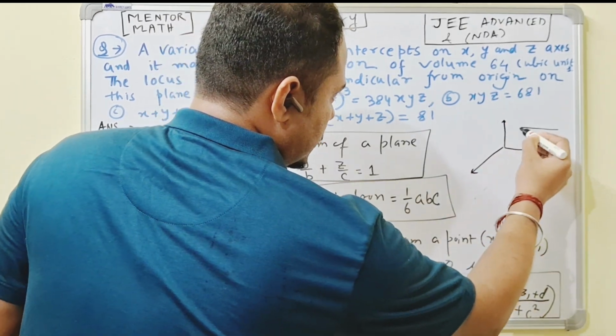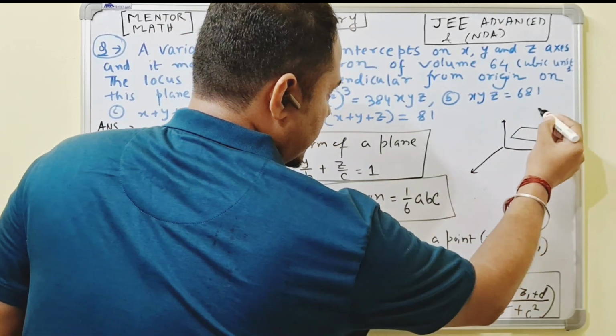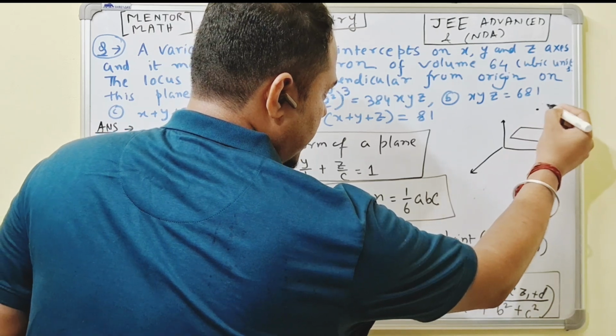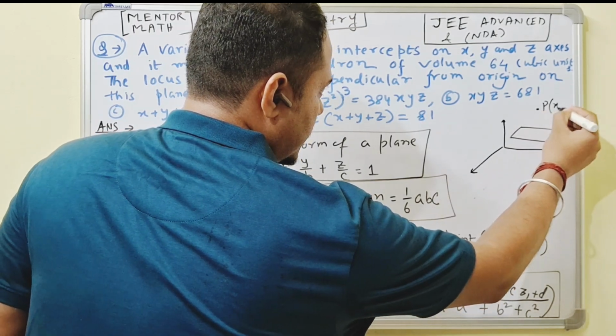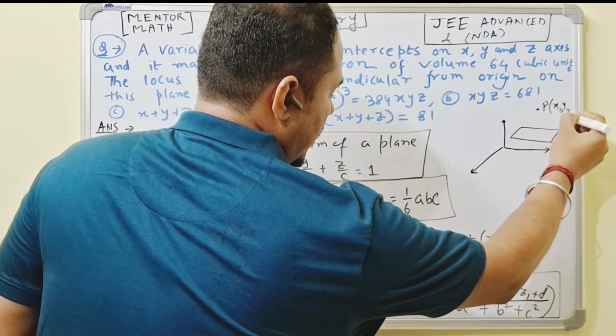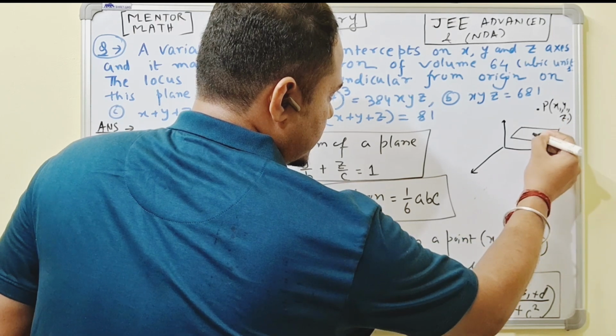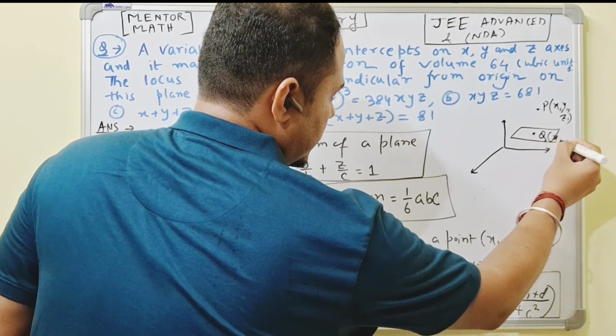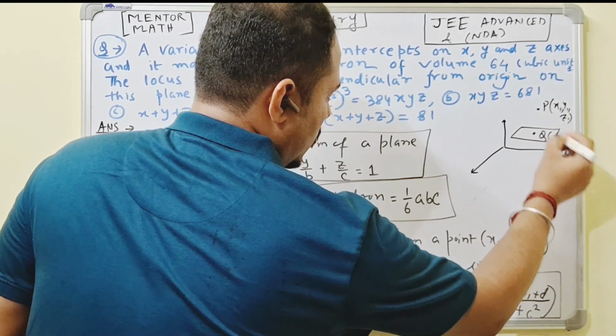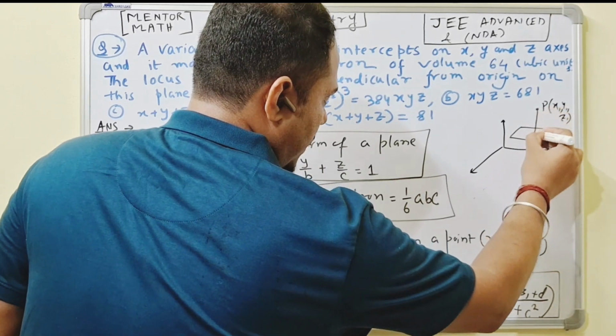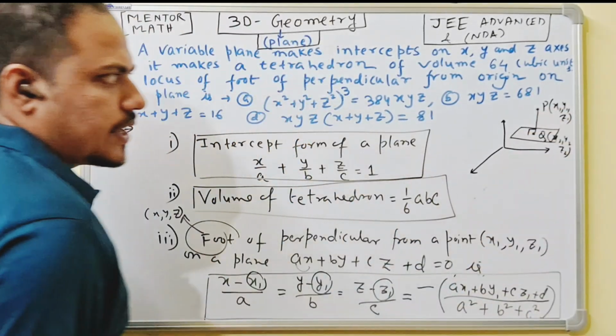Let us take this as your plane, and this as your point P, that is x1, y1, z1, and this is point Q, the foot of perpendicular, at 90 degrees.